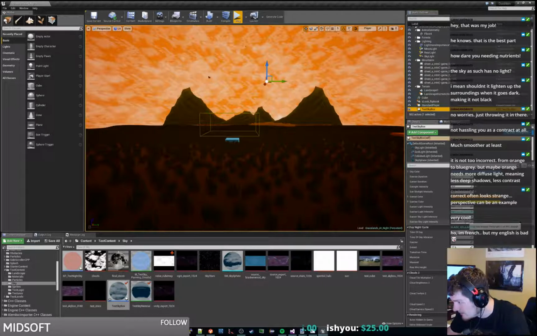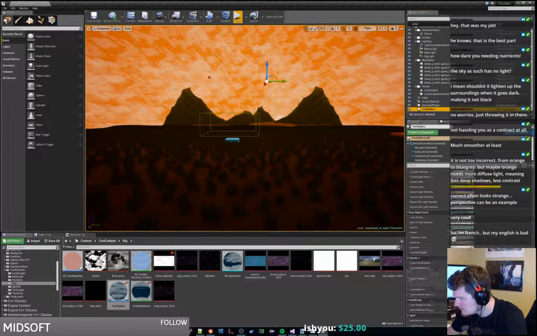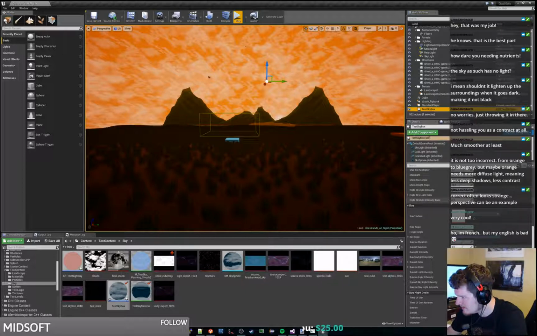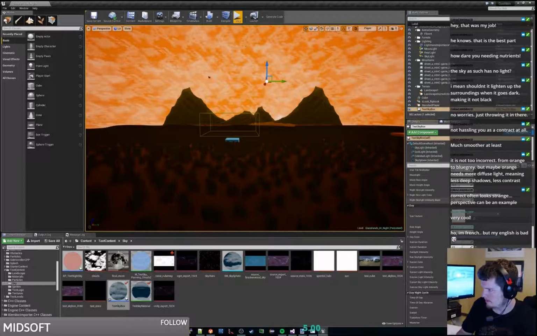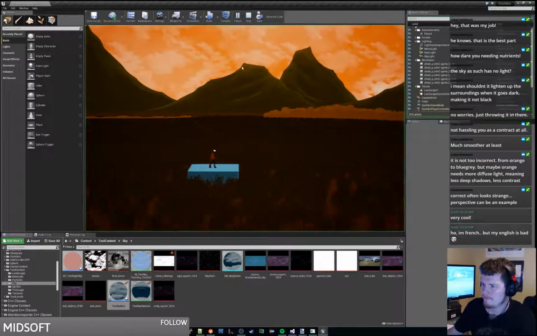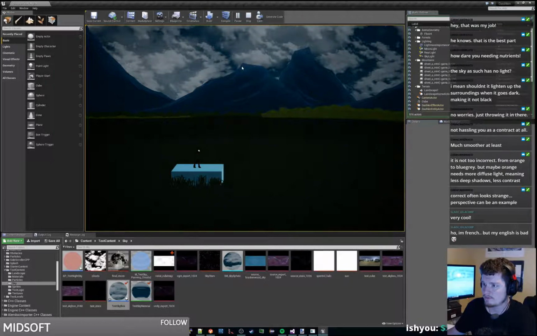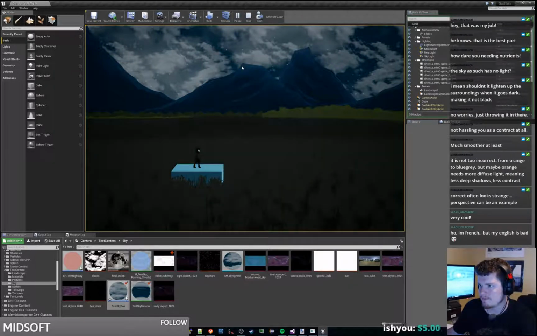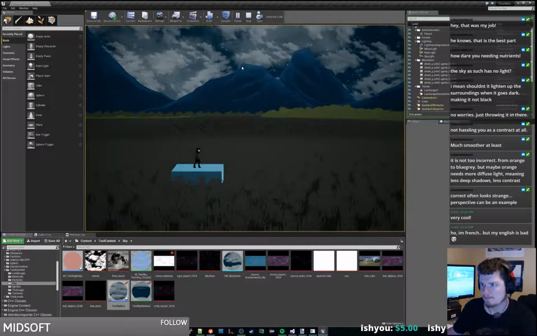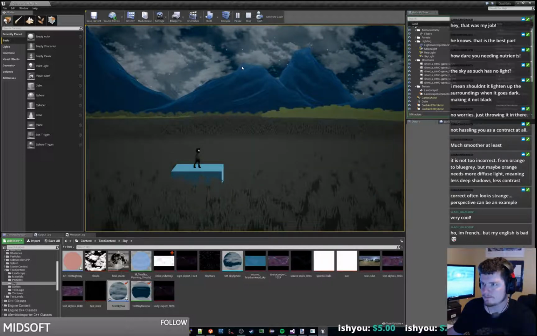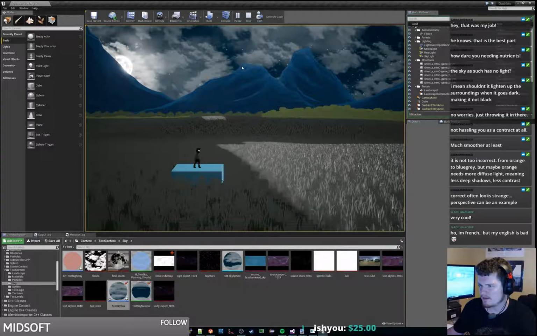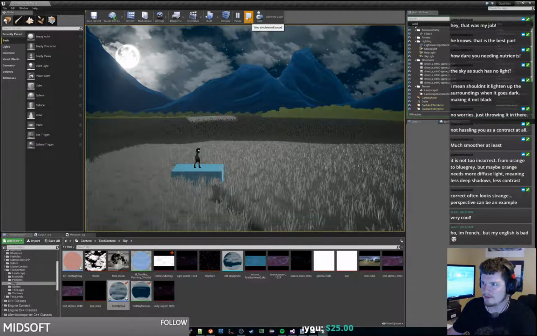I guess maybe it's the, let's see, the night skylight intensity base needs to be lower. Yeah, I think so. I think that's pretty much where it needs to be.